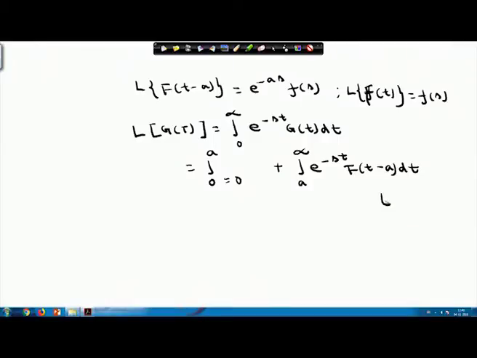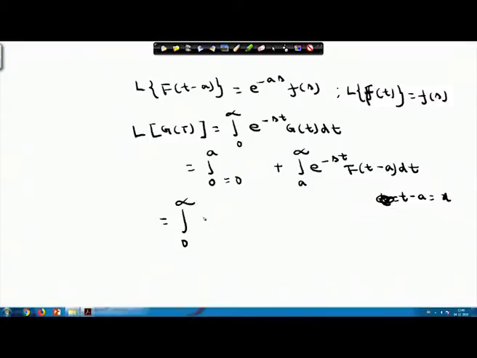Now, on this, I put t - a equal to x. Then at t equals a, x will be 0, so the integration will be from 0 to infinity, because at t equals infinity, x will be infinity.